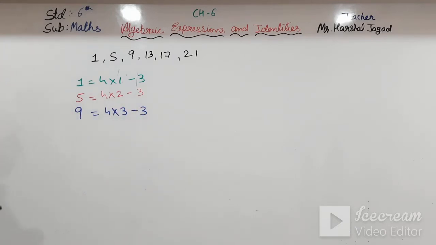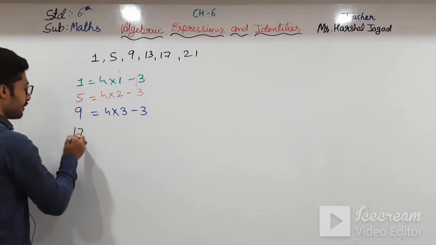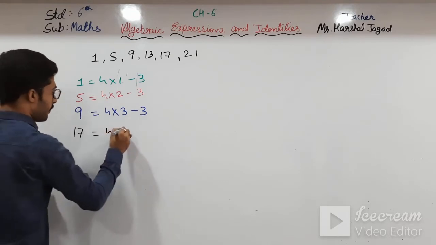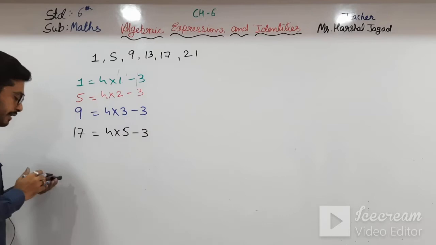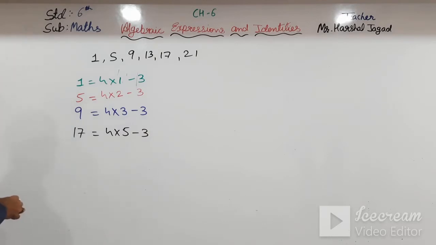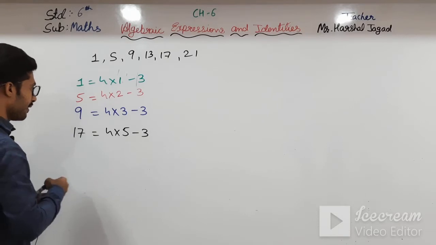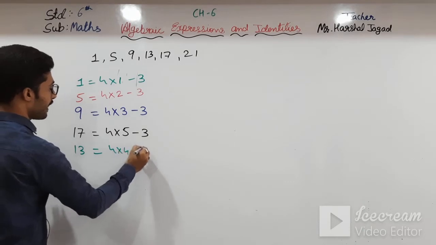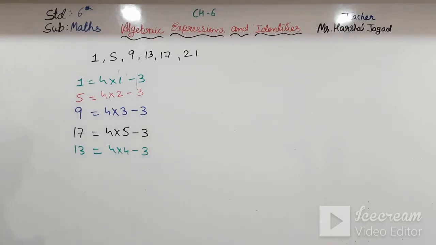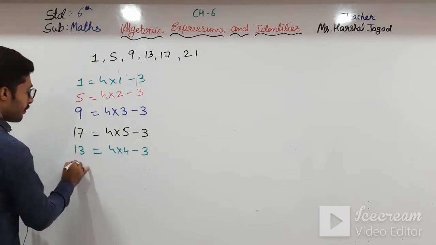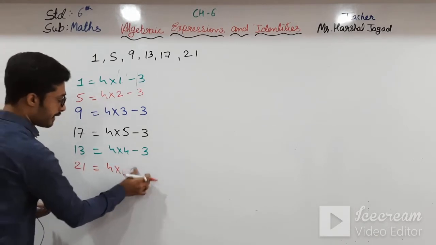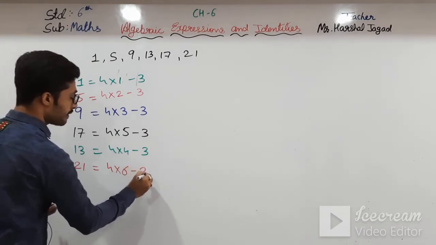The next is 17, that is 4 into 5 minus 3, and before that I forgot about the 13, so I am writing that over here, 13, that is 4 into 4 minus 3, and the next one is 21, that is 4 into 6 minus 3.